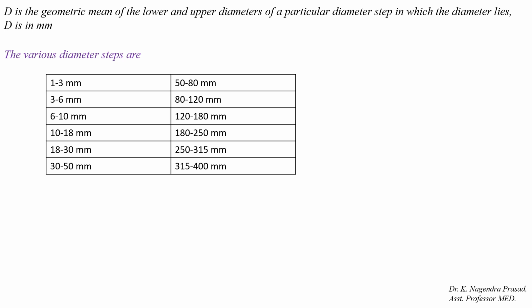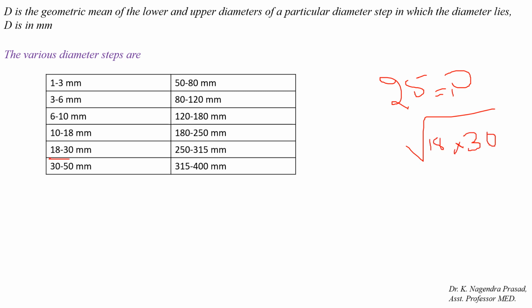So these are the ranges for the step diameter. For example, if the shaft diameter is given as 25, don't take D equal to 25. It is the geometrical mean, root of D in the range 18 to 30. So 18 into 30 we have to consider.